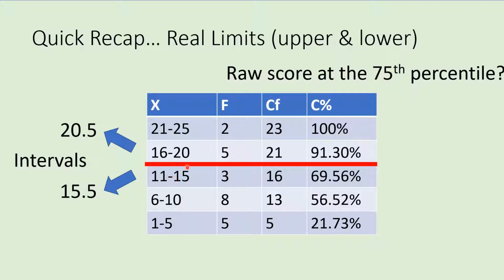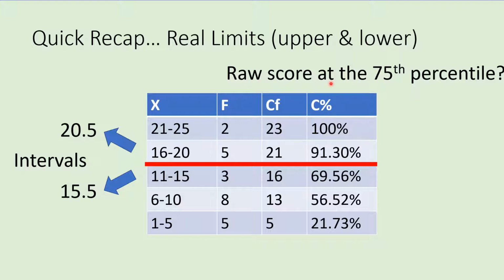Well, what you're going to do here is pretty much the best way of looking at it is to ignore these numbers. Ignore the 1, ignore the 6, ignore the 11, the 16, and 21, and just look at those upper values here, almost like in the tutorial. Right away, because we know these are intervals, the upper limit for 20 must be 20.5, and then the upper limit of 15 has to be 15.5.